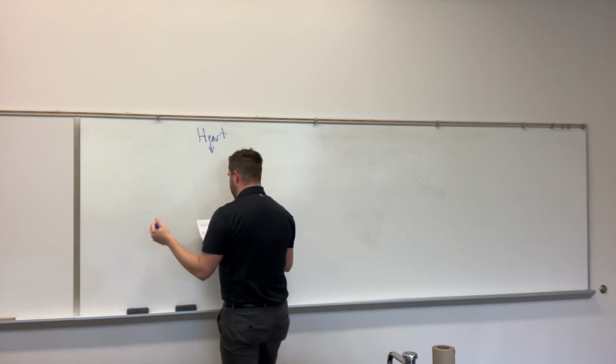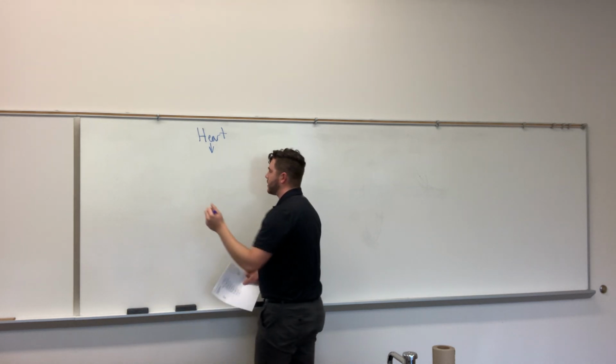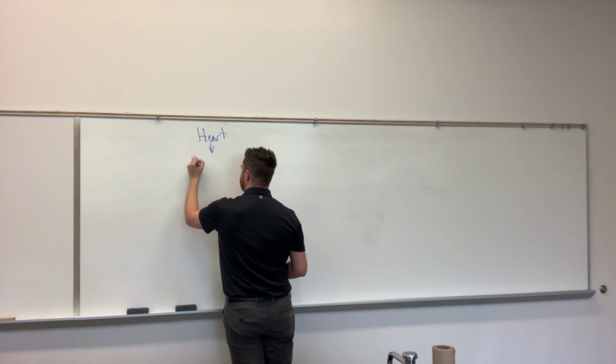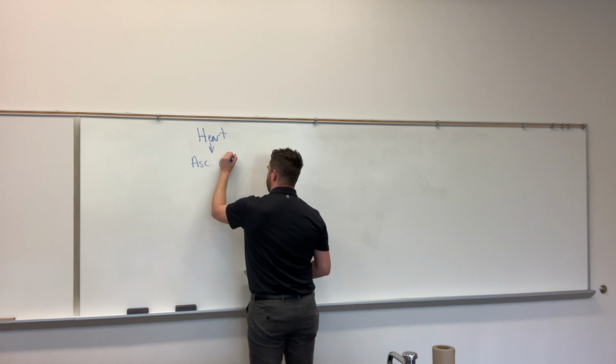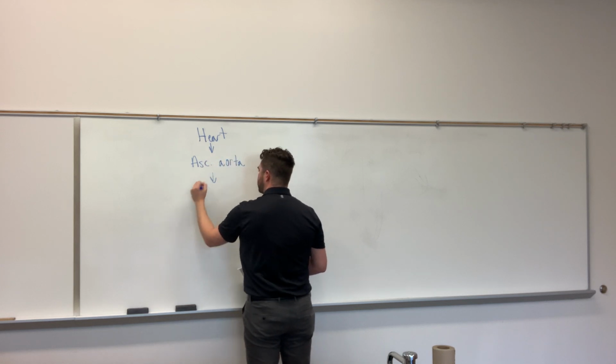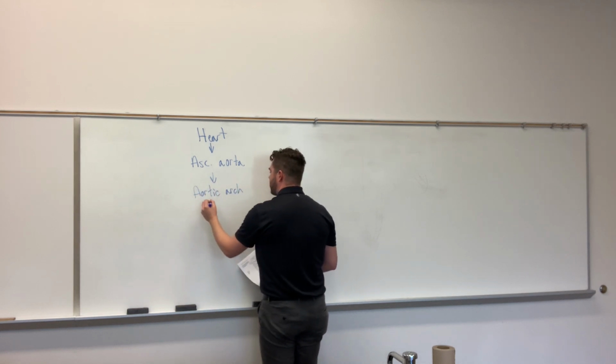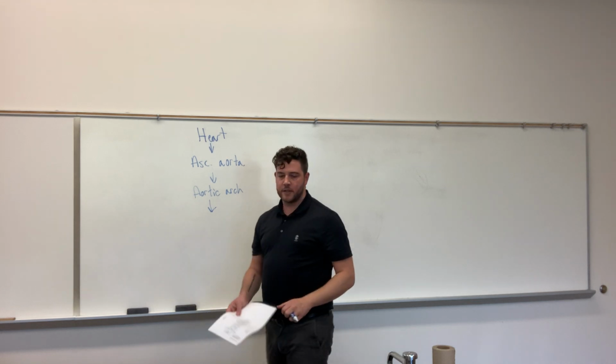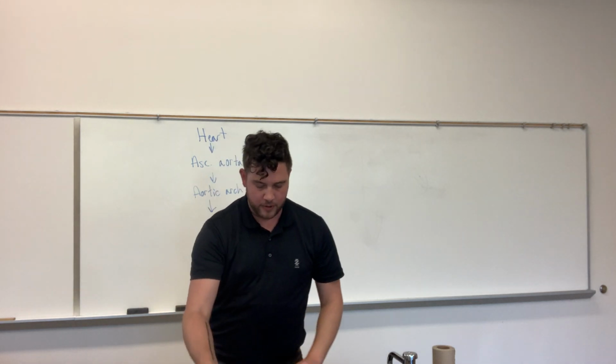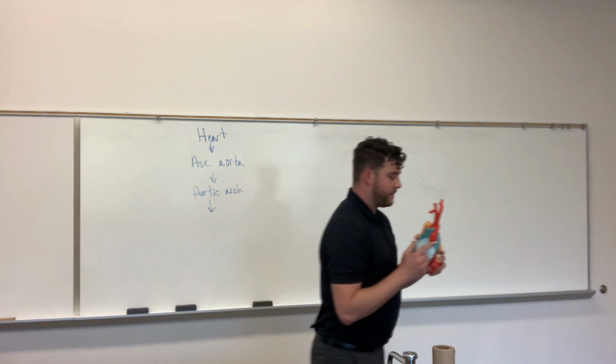So as blood leaves your heart, the first structure that it will pass through is the ascending aorta. After that, it goes through the aortic arch. And because we're talking about the right side of the body, we have to account for the brachiocephalic trunk.